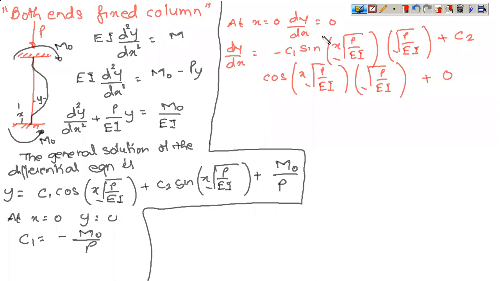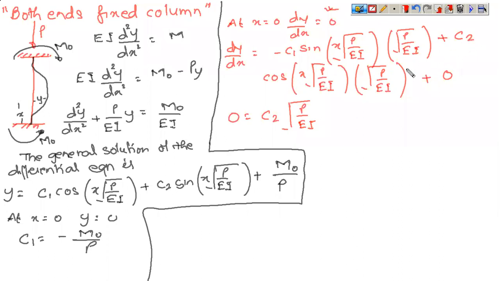So if you put down this boundary condition here, what do you get? 0 is equal to C2 under root P by EI, because if you put x is equal to 0, the sin term vanishes, and the cos term is cos 0, which is 1.